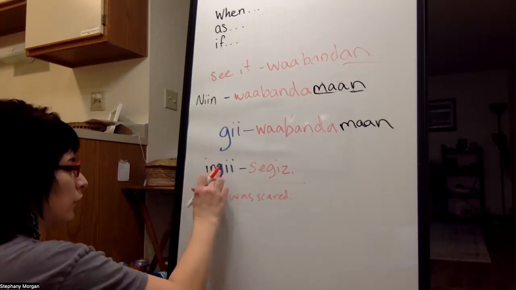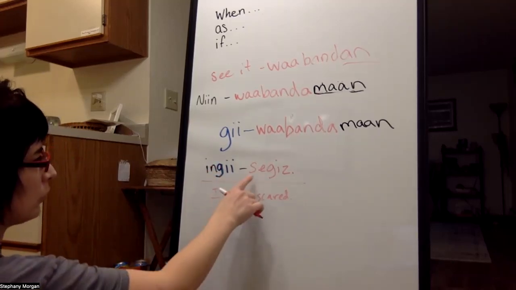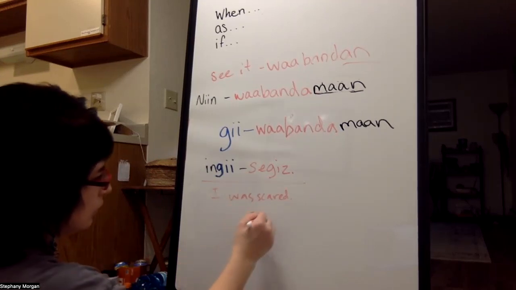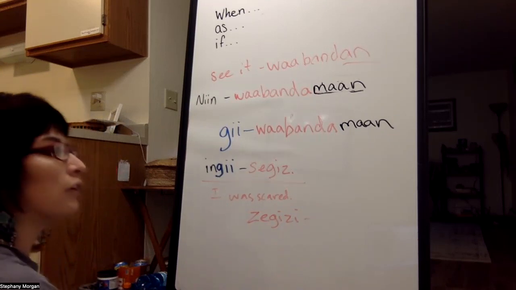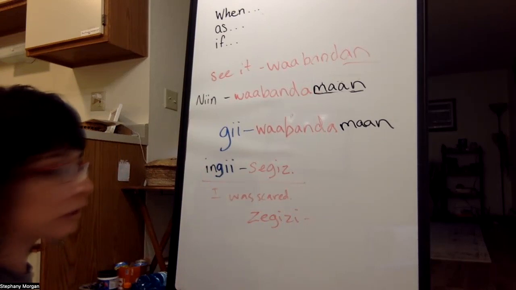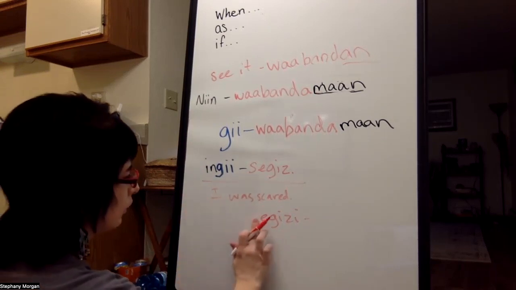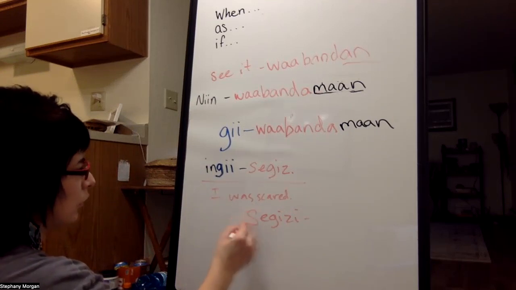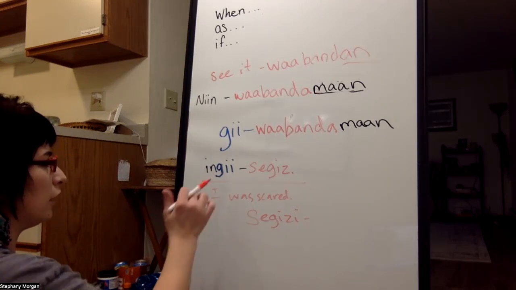And there's a lesson a little bit down the road that talks about initial consonant change, which is the verb is it, he or she is scared. But when "gi" or "we" come before it, it makes the Z become the harder consonant form. So ingiseg.